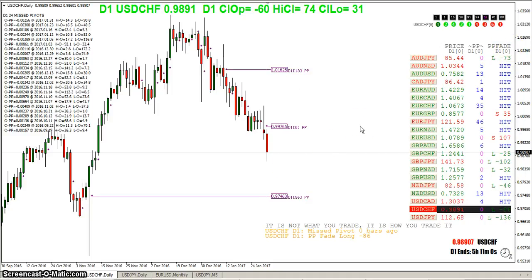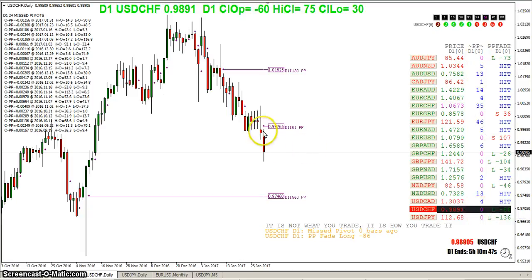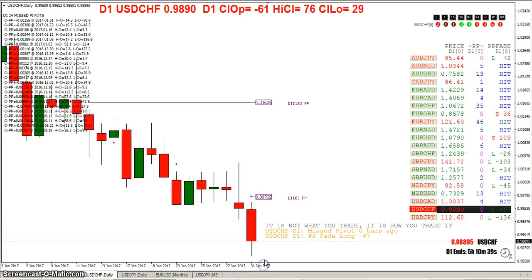How to make money. Because when you see a missed pivot, how to make money is you want to trade in that direction, when it makes sense to trade in that direction. So you see here on the daily, we've already bounced 30 pips off the bottom.